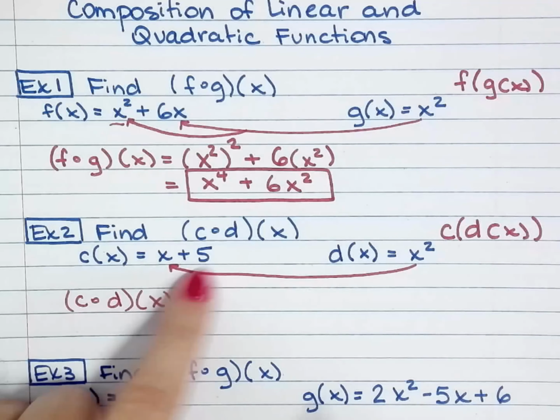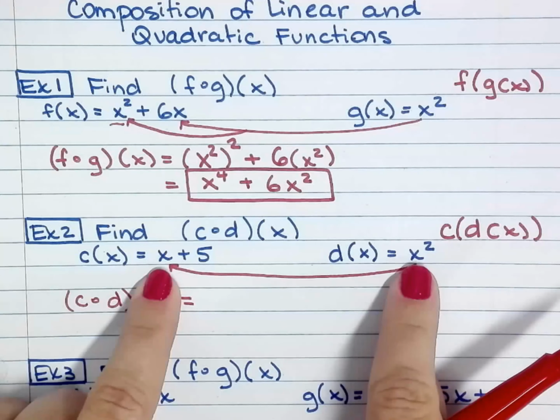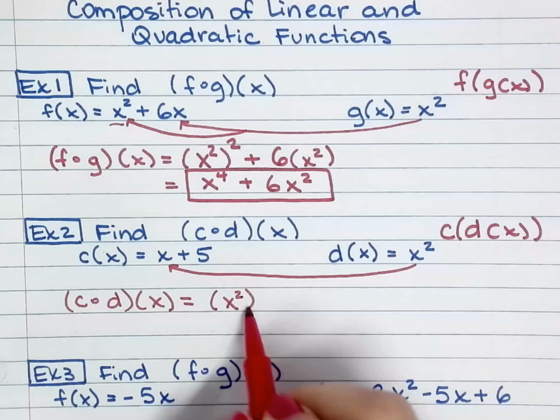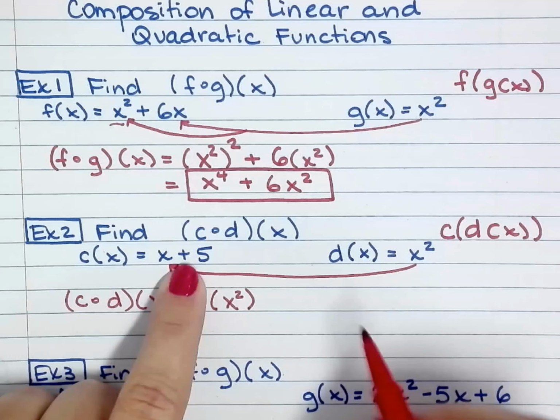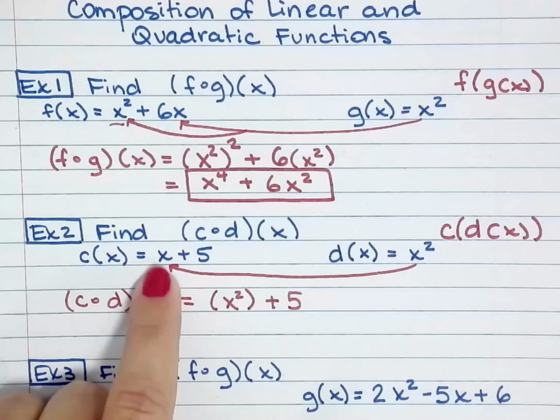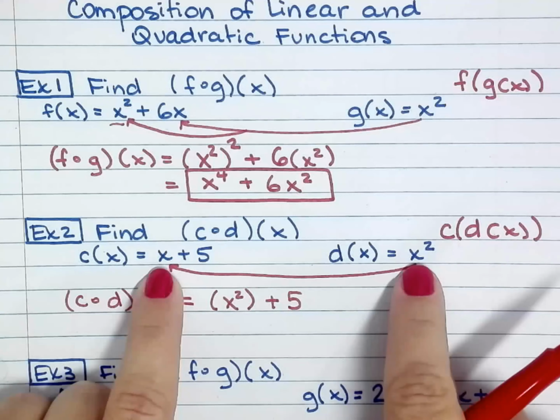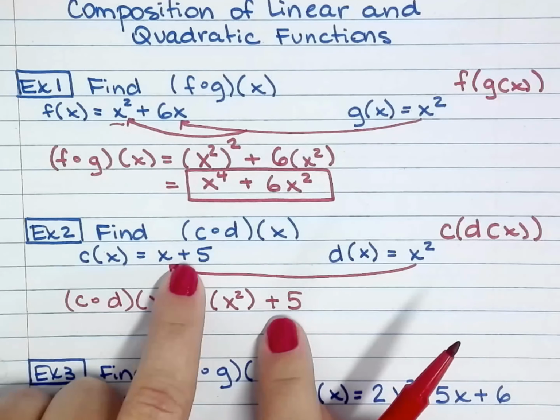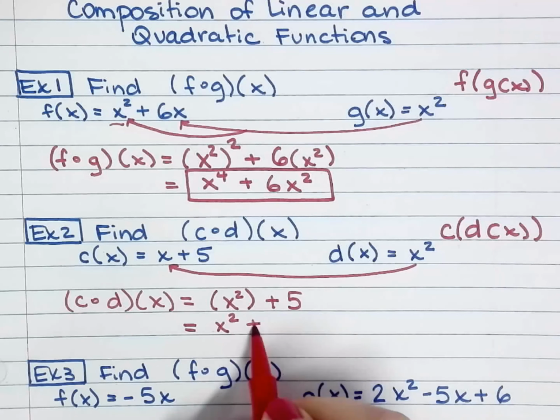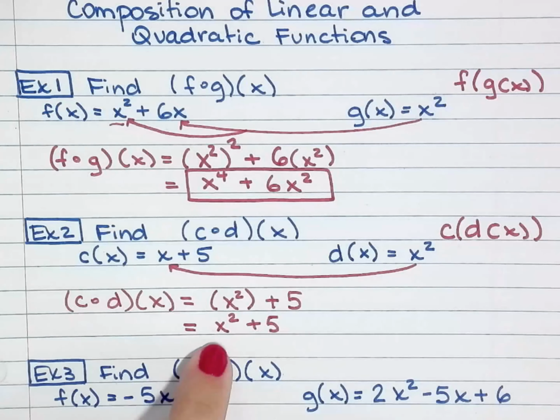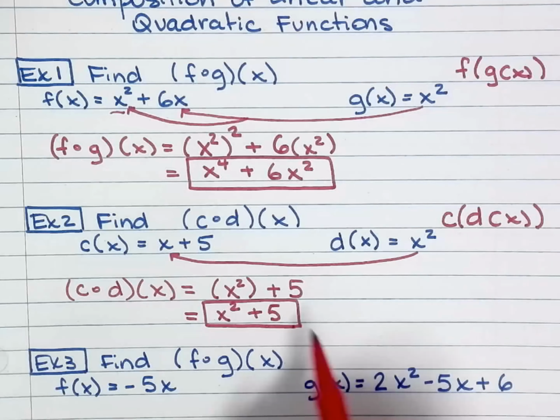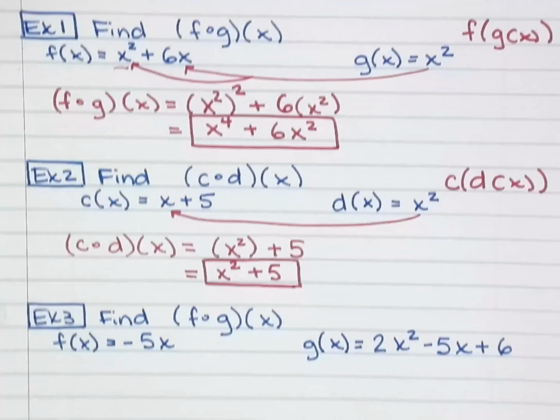So this is the function. So x, we're going to replace that with d of x, and we have x squared, and then we have plus 5 right there on that function. So x has been replaced with x squared plus 5 because that's the function. So clean that up, and that's it.